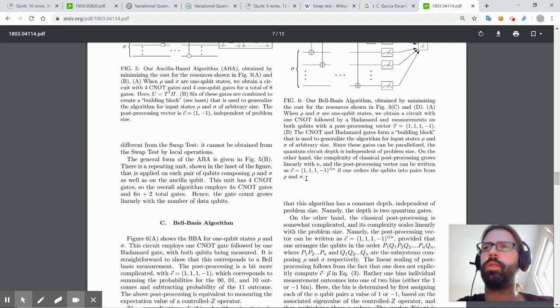Okay, so you subtract, so if you have more than one qubit, sorry, more than two qubits, then you need to scale that, like not times n, but like to the power. Okay, so if one orders the qubits into pairs.